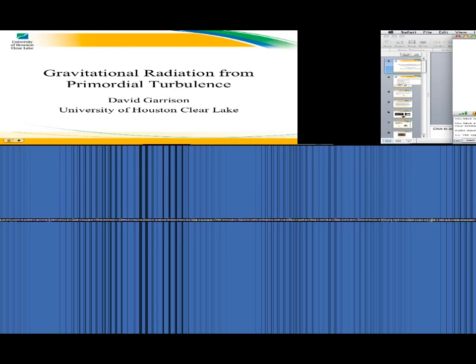Right now, the first application deadline is for a NASA grant for the ROSES astrophysics theory program, and this may also be of interest to the NSF. The whole idea is to look at gravitational radiation produced by primordial turbulence.